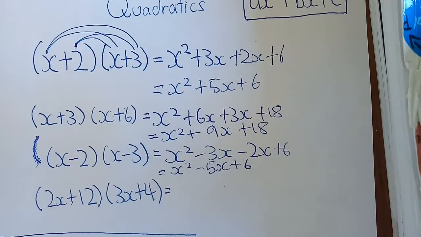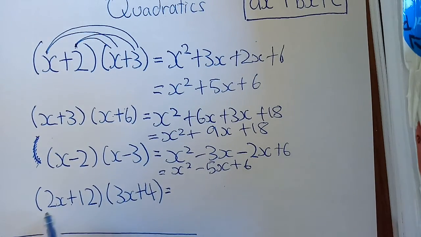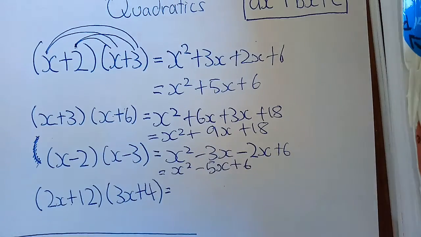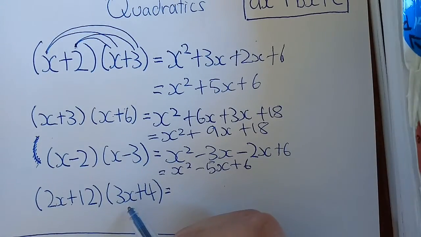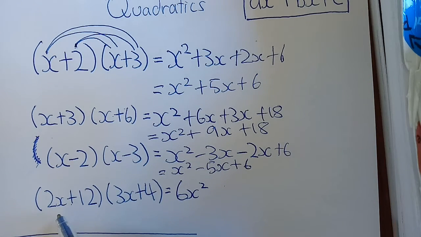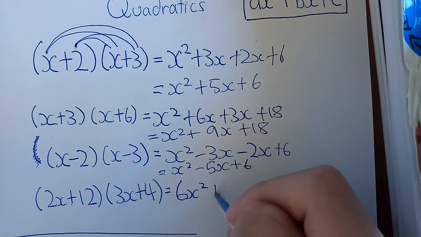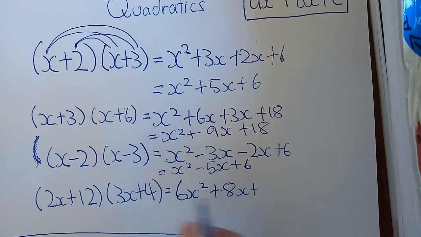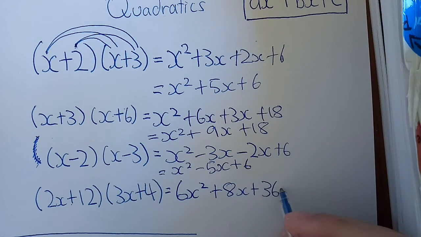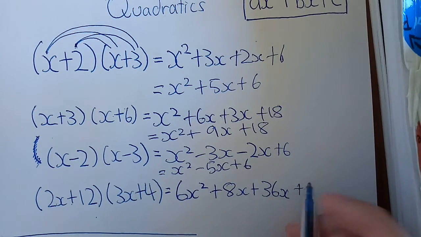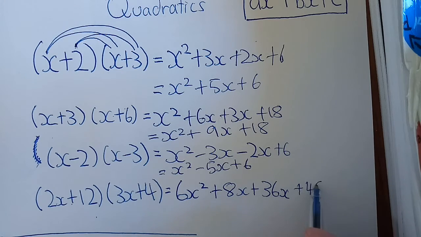Okay, now we have our last equation, and as you can see, we have a coefficient in front of the x's. So the same rule still applies, even though it looks different from the previous equations. 2x multiplied by 3x is 6x squared. 2x multiplied by 4 is 8x. 12 multiplied by 3x is 36x. 12 multiplied by 4 is 48.